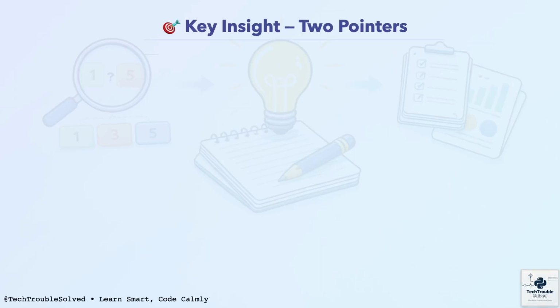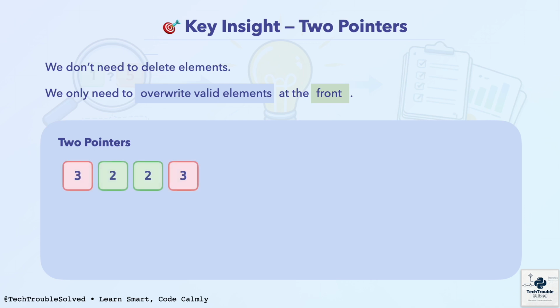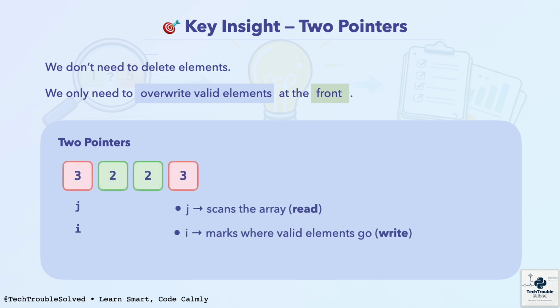Here is the key idea that makes this problem simple. Instead of trying to remove elements from the array, we keep the valid elements and overwrite them inside the same array. To do this, we use two pointers. Pointer j will scan every element in the array, and pointer i will track where the next valid element should go.